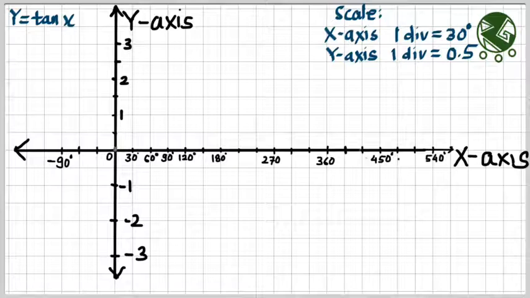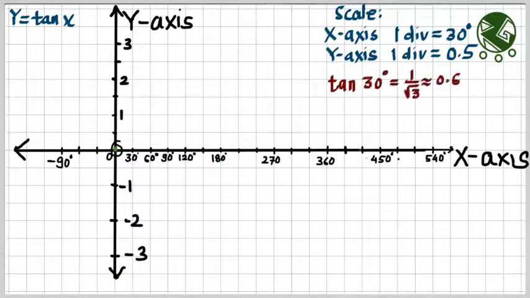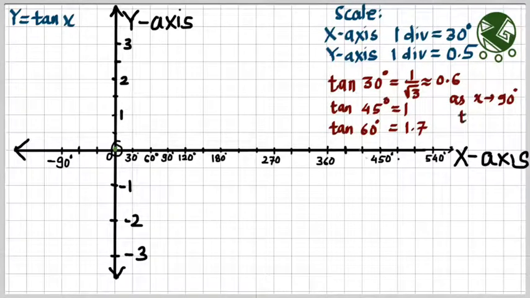Now we know tan of 0 is 0. So the first point for the value 0 we have 0, the clean one. Then tan of 30 is what? 1 by root 3, and it's approximately 0.6. Then tan of 45 is 1 and tan of 60 degrees is 1.7, right?